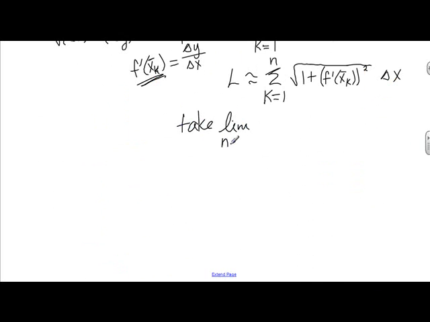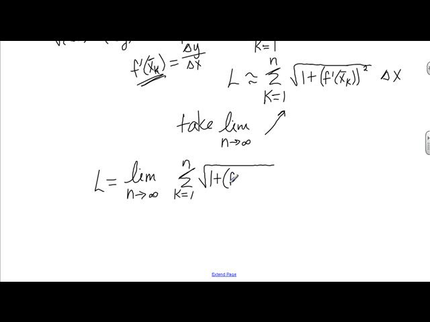So L will equal the limit as n approaches infinity of the sum from k equals 1 to n of the square root of 1 plus f prime of sample point x sub k squared, times delta x.